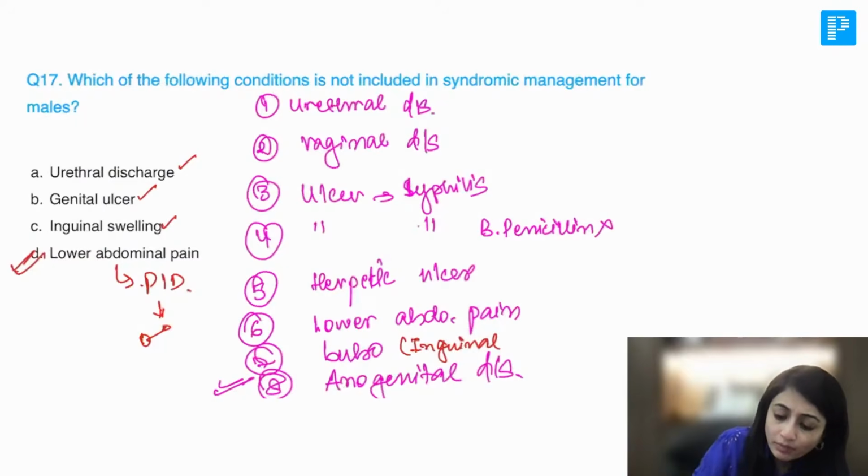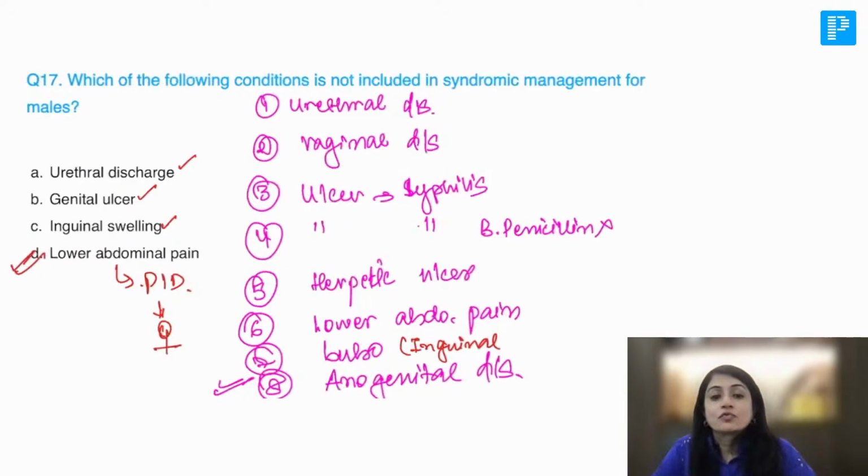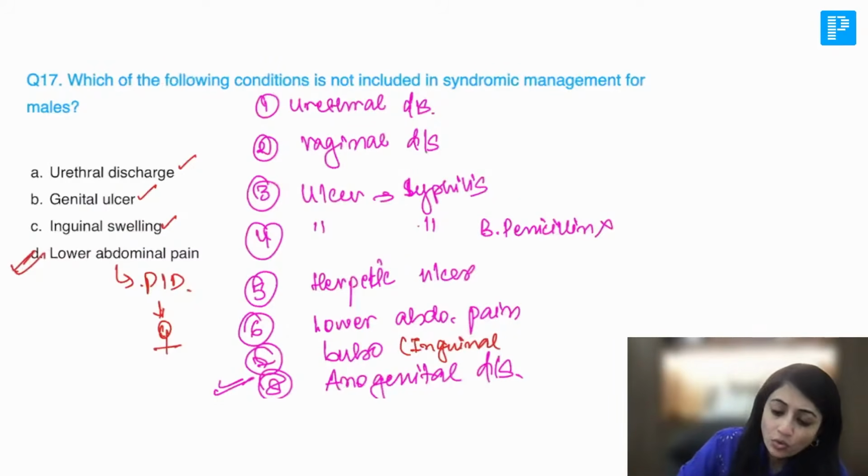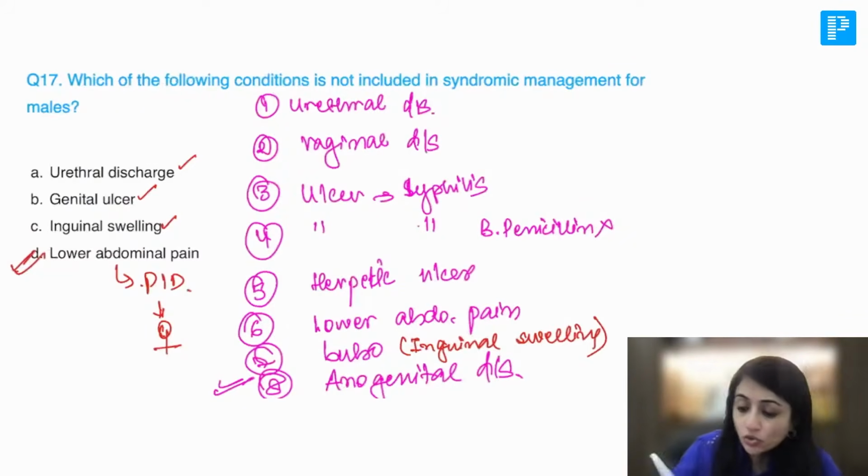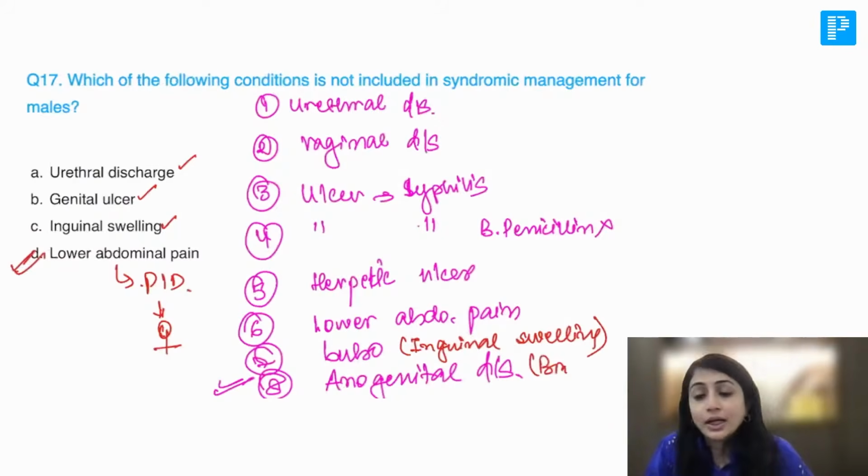The kit is for females, it is not for males. So here the answer would be option D. These are all different kits which are available. Out of this, anogenital discharge is the new kit which is brown in color. Right? So you should be knowing about these STD kits.